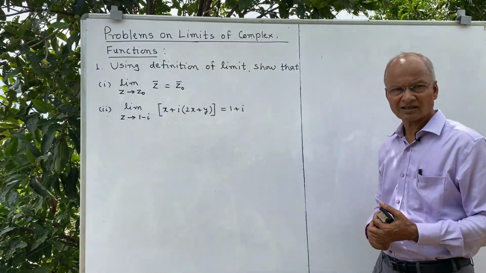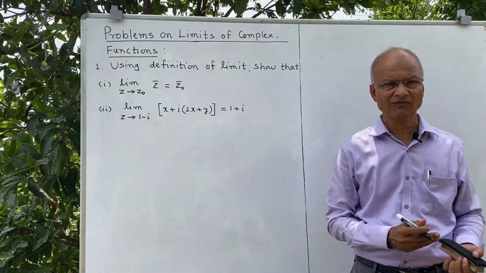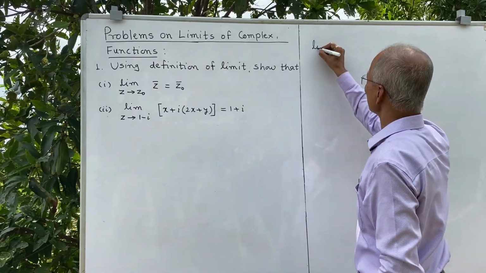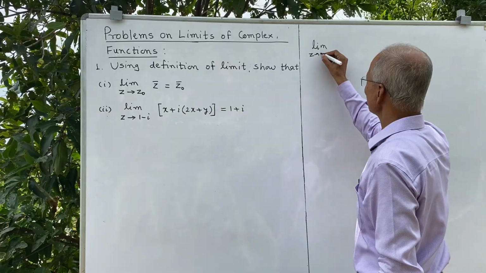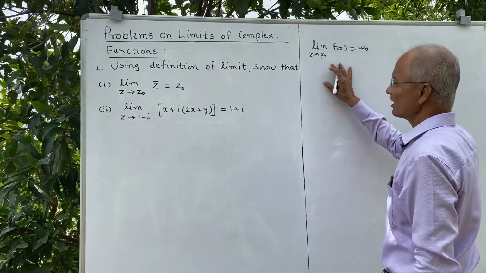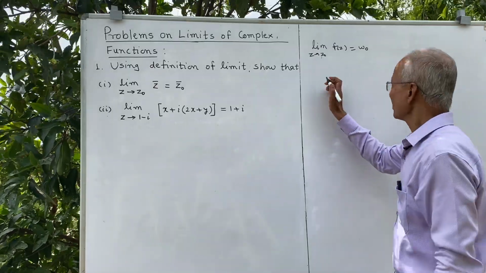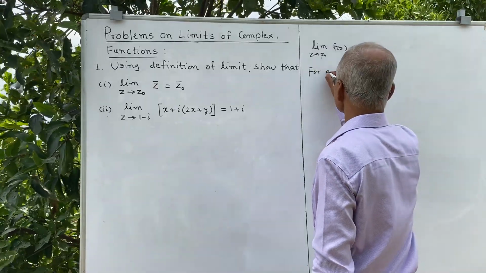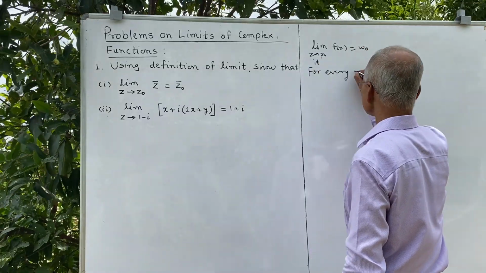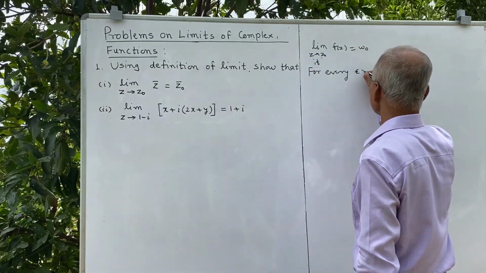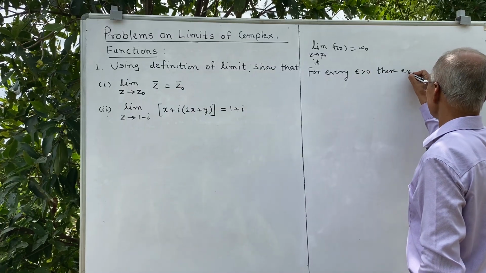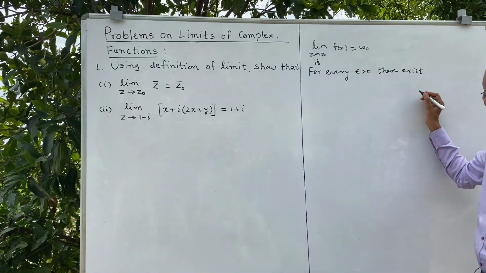In our earlier lecture we defined the limit of complex functions. That is, we say limit z tends to z naught of f of z is equal to w naught if for every positive epsilon, epsilon greater than 0, there exists a positive number delta.